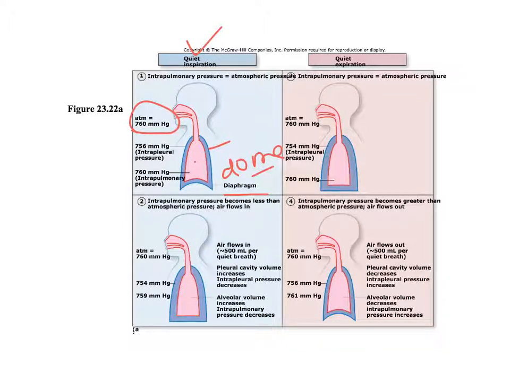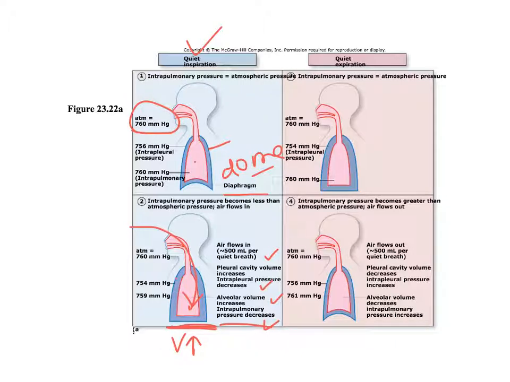Now when we inhale, this makes the volume bigger and changes the pressure. The pleural cavity volume increases, intrapleural pressure decreases, alveolar volume increases, intrapulmonary pressure decreases. So that means the air is going to come in.